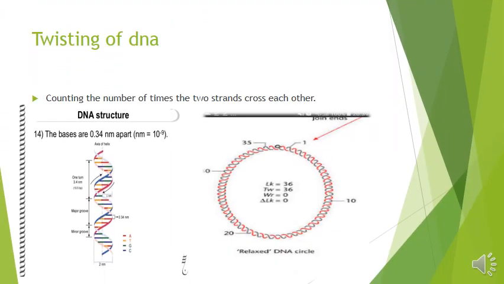The other important point that we should know is twisting of DNA. Counting the number of times the two strands cross each other completely is called the number of twists present in that DNA.